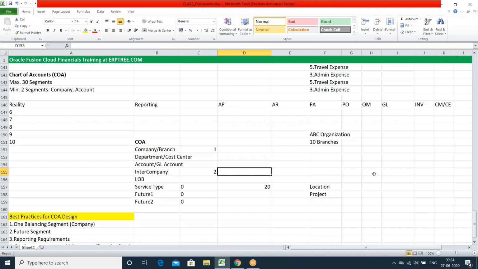Any other questions, please? There are still a few more points. Very soon we'll come to know about those points also related to chart of accounts, because certain discussions are pending. Once we discuss, we can connect those points with this chart of accounts.